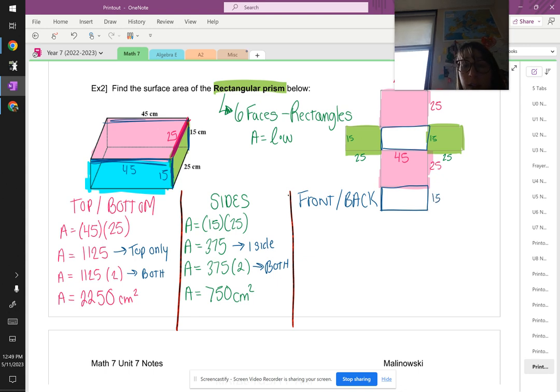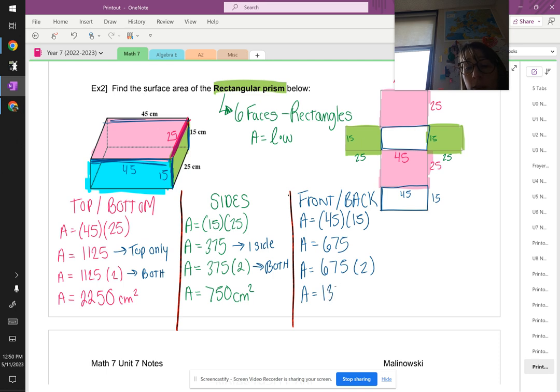So 15 and 45. Okay, area equals 45 times the 15. 45 times the 15 gives us 675, but again, that's only for the one side. 675 times the 2 for the second side gives us a total of 1350 centimeters squared.